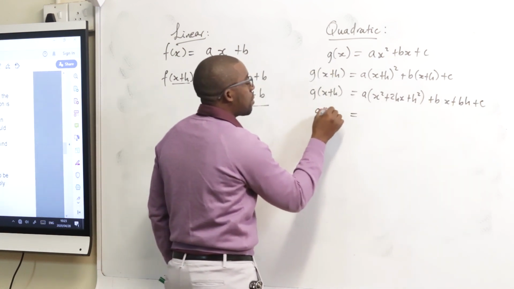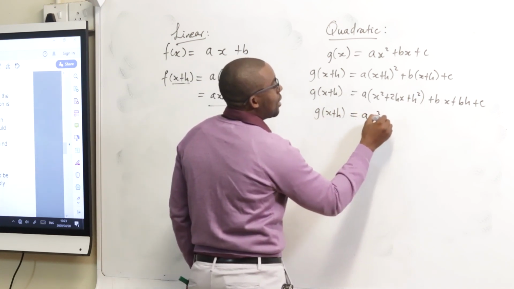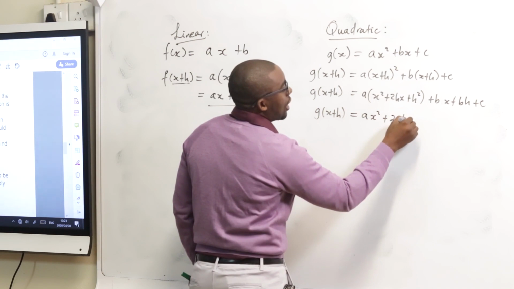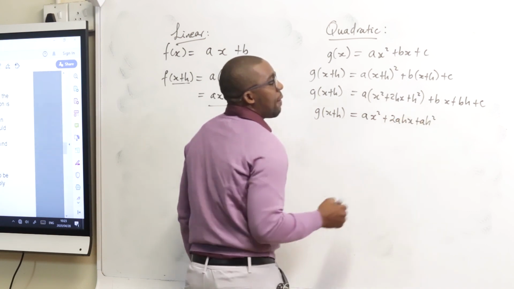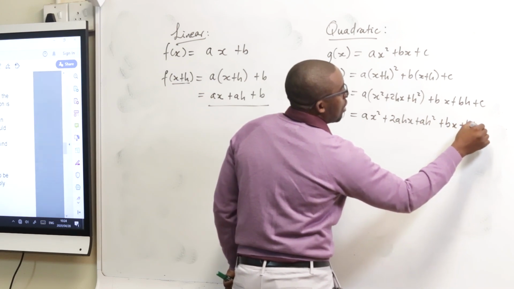Ultimately, g of x plus h is going to be ax squared plus 2ahx plus ah squared plus bx plus bh plus c.